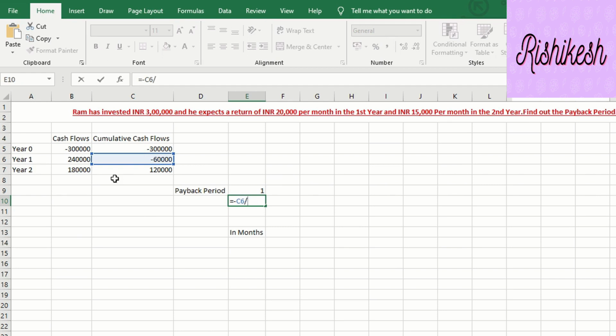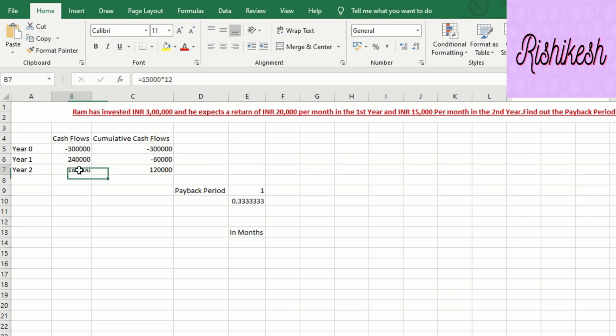So that divided by 1,80,000. So 0.33 years, out of the one complete year in which you are generating 1,80,000, will be used to actually compensate for this 60,000 cash outflow. That is why your net comes out to be 1,20,000.